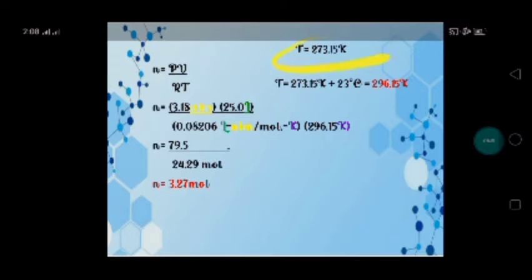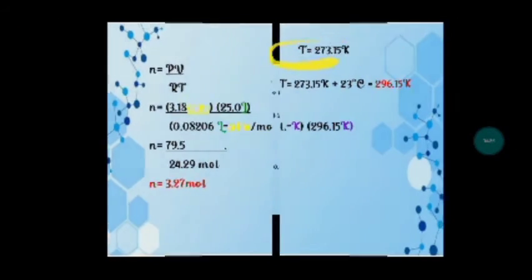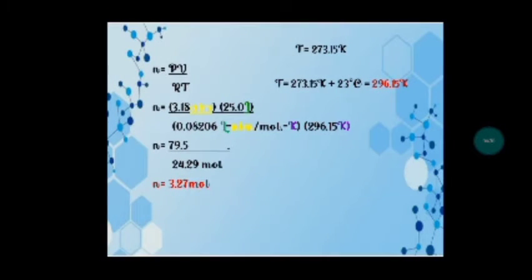So, the constant value for Kelvin is 273.15. Our given in this problem is 23 degrees Celsius, so to get the value in Kelvin, we add the constant 273.15 to 23 degrees Celsius. So, it comes up to 296.15 Kelvin.